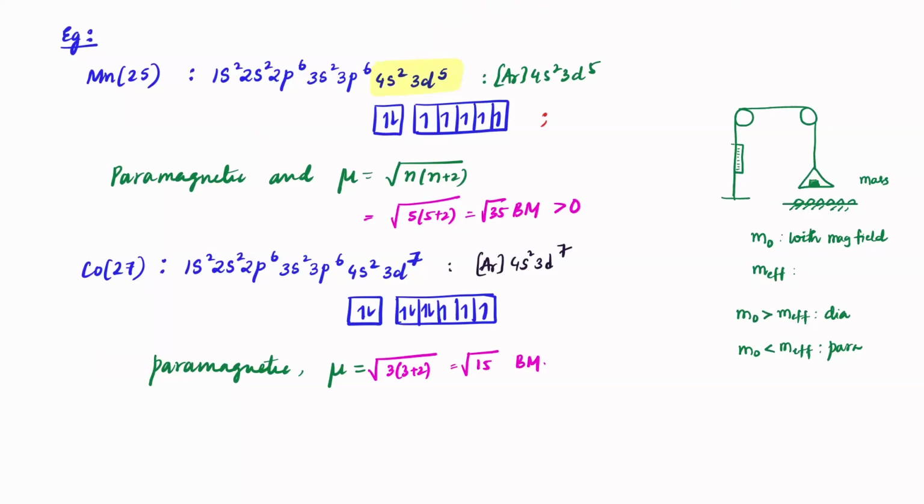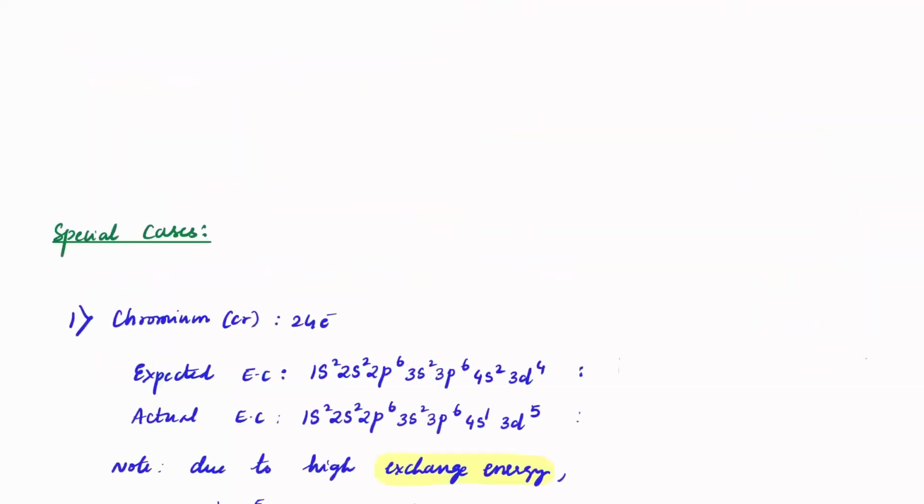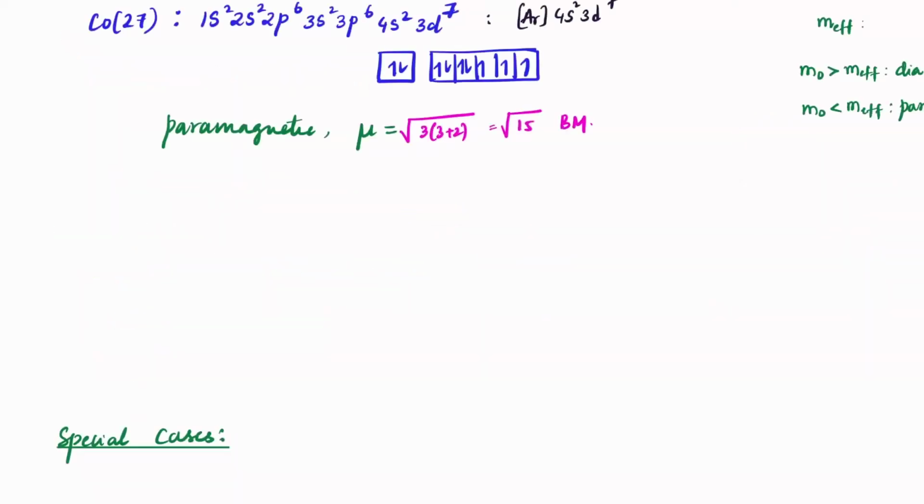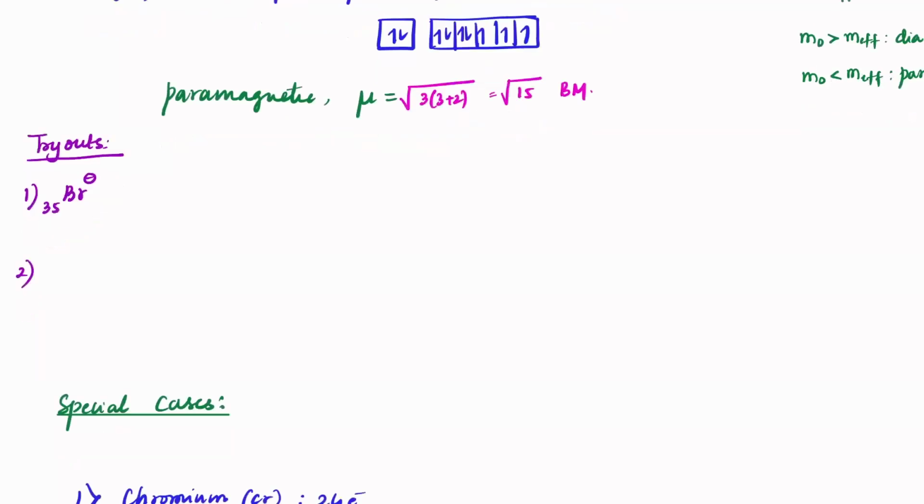Right. Now, why don't we try this one? Let's see the tryouts here. First species is bromine minus. Second, Cr 3+.